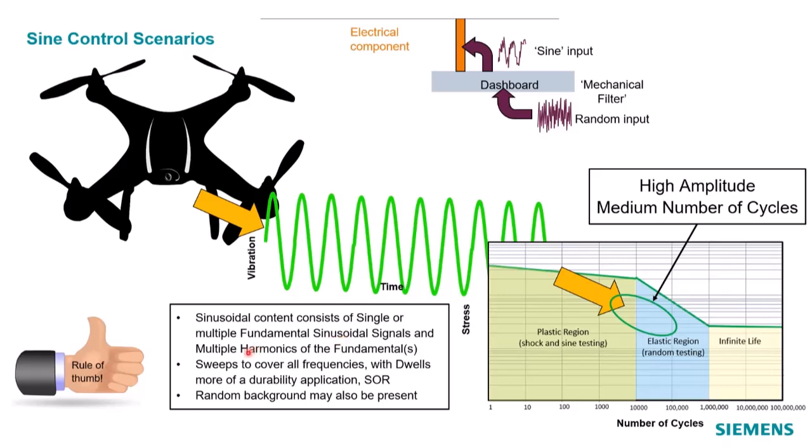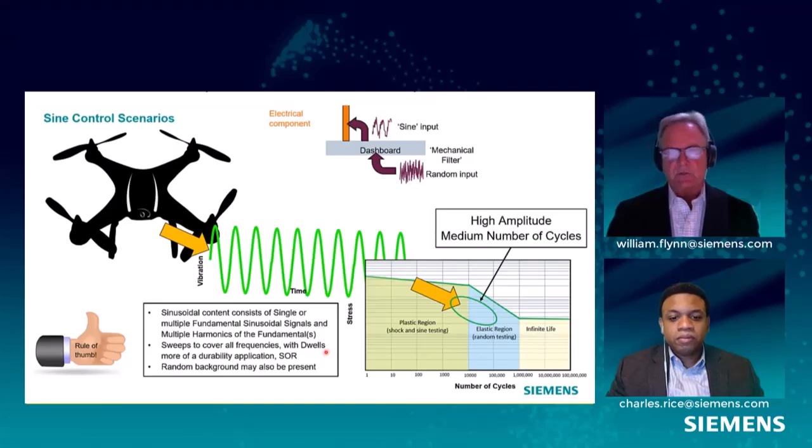The sweeps cover all frequencies, but the sine dwell application is more for durability, where you dwell at particular frequencies. And then there's sine on random, where you have the combined modes application. Sometimes there's some background present in operational conditions, but in this case we're going to apply the sinusoid sweep to generate higher level responses, well above the random background noise that's in the operational conditions.